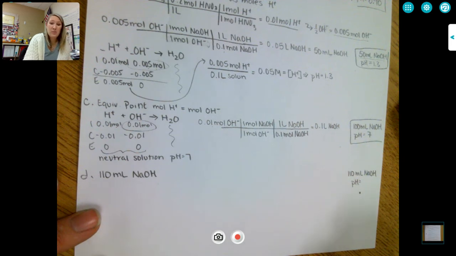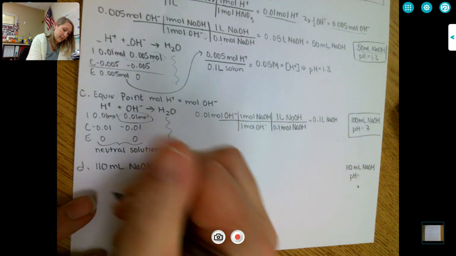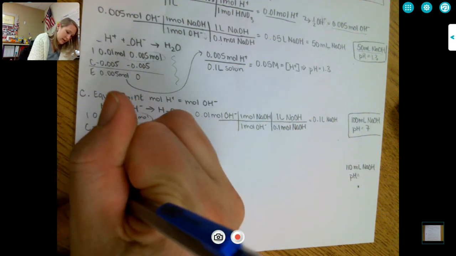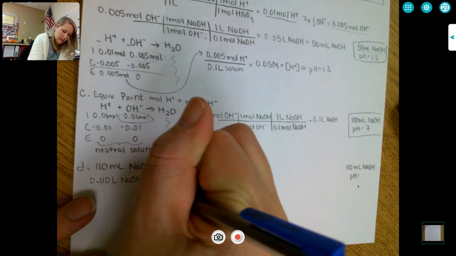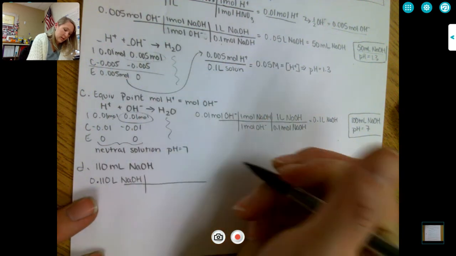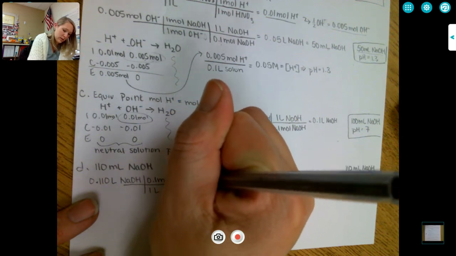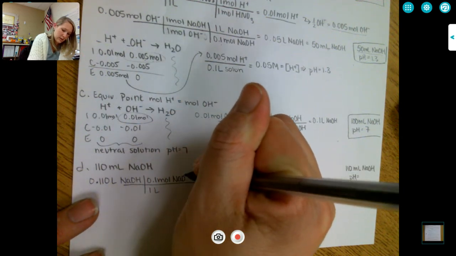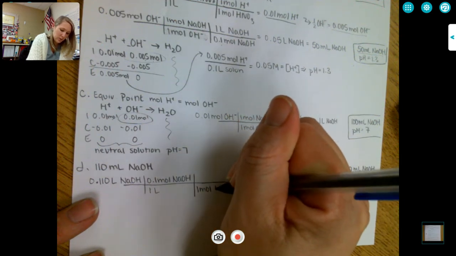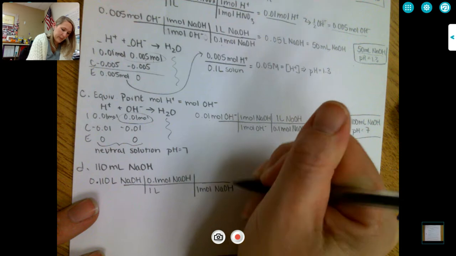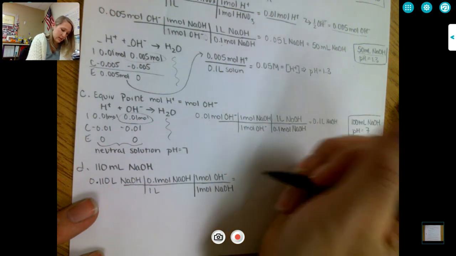Well, I need to figure out how many moles of hydroxide I have now in solution to react with my acid. So if I have 0.110 liters of sodium hydroxide, that means my concentration is 0.1 moles NaOH per 1 liter, and 1 mole NaOH gives 1 mole OH ions.